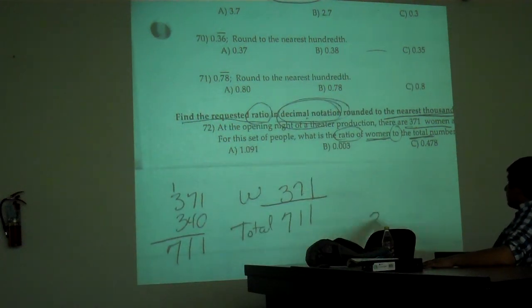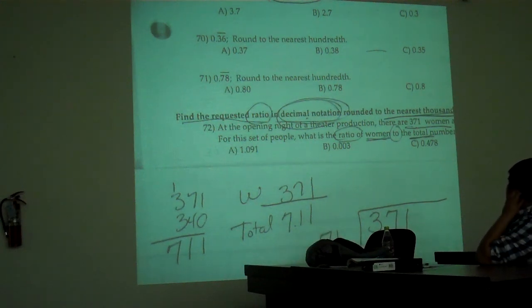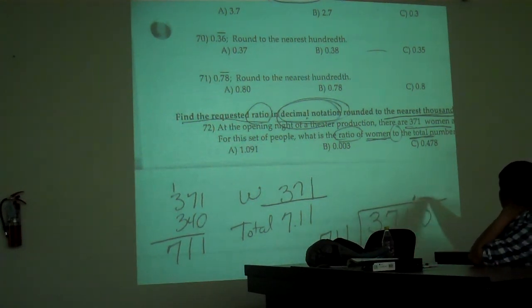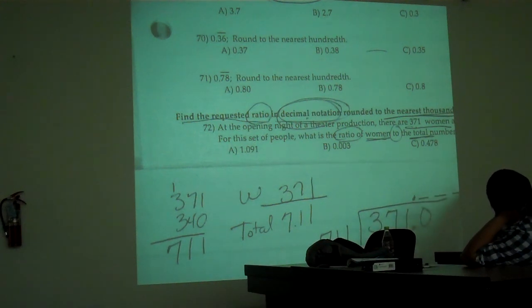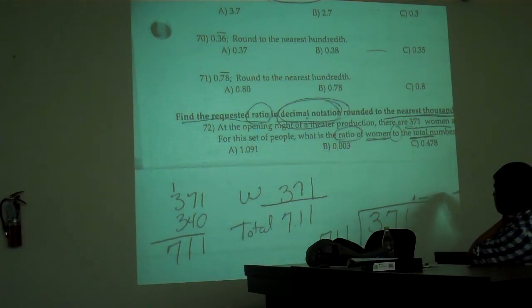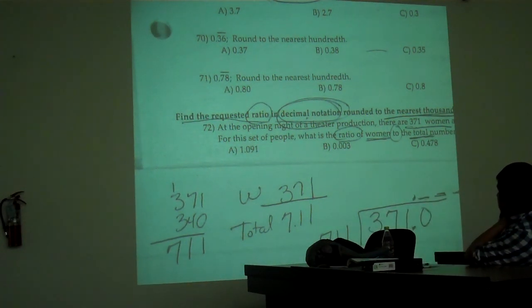So the top number goes under the division, the bottom number goes on the outside. And how far will you need to take it? The thousandth is 10, 100, 1,000, so you need to take it 4 places. Unless it stops before that, okay?